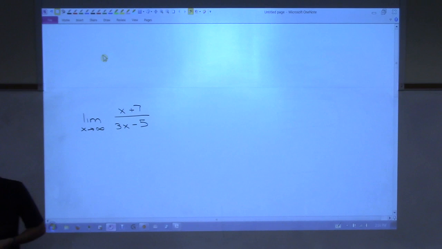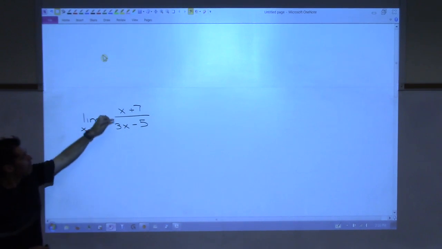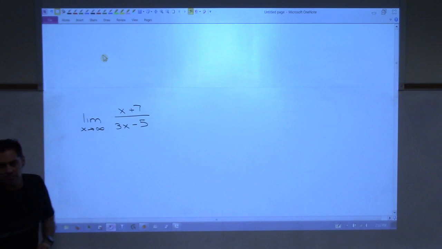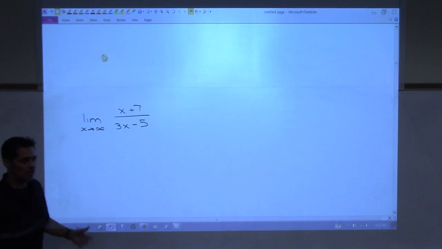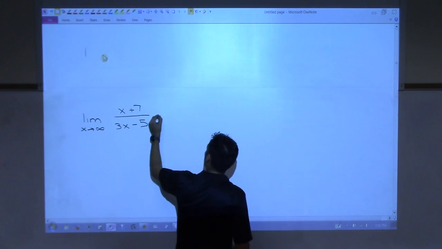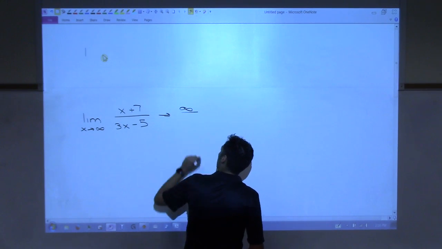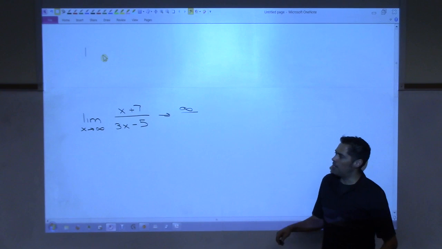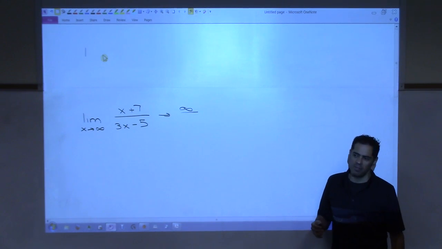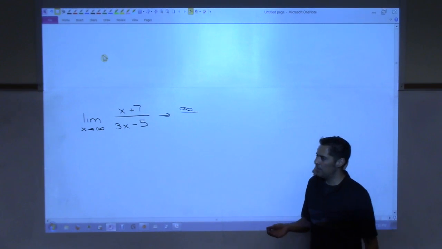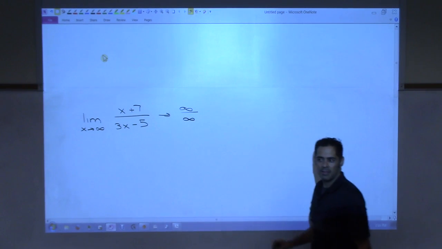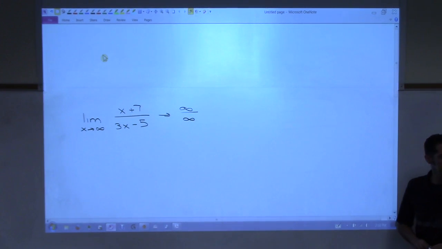So tell me about the numerator. Something getting infinitely large plus 7. Still big? Still infinitely large? Okay. Over something getting infinitely large times 3. Even bigger. Minus 5. Got a little smaller, but does minus 5 really make a difference? Take 5 away from infinity. I think it's still going to be big. Agreed?